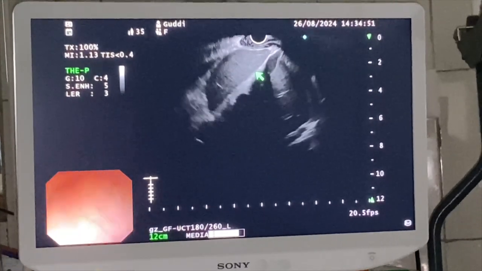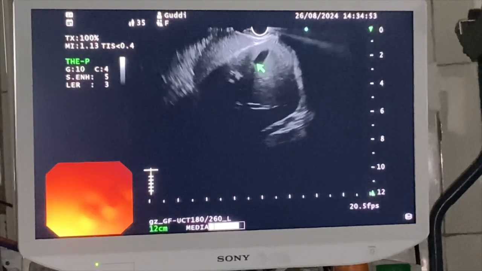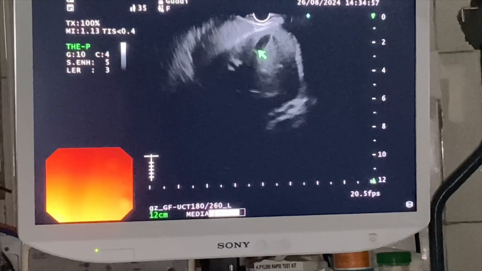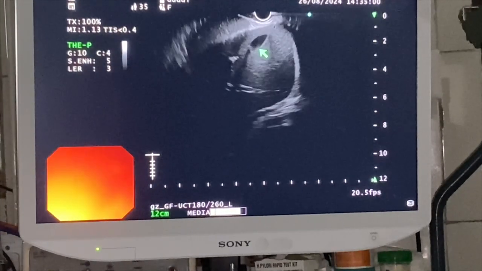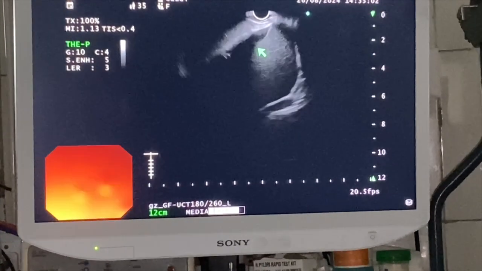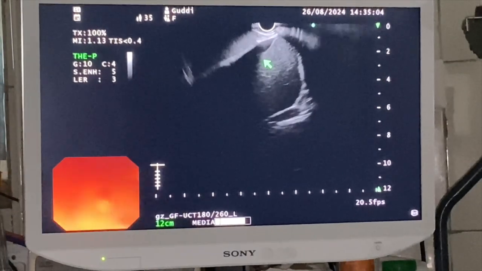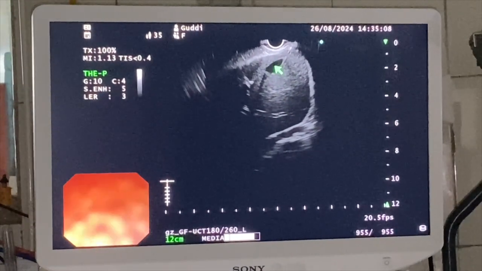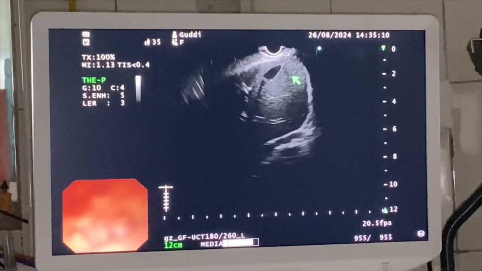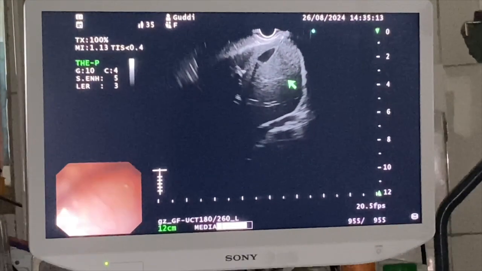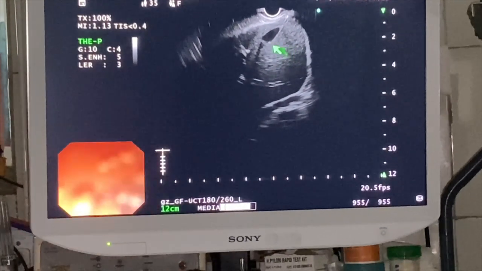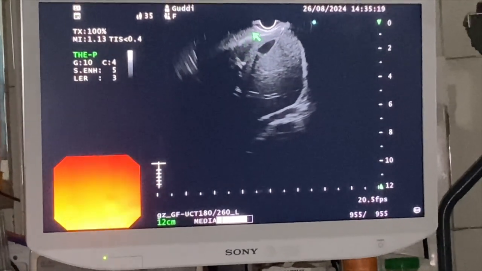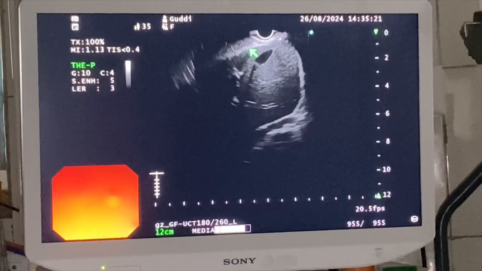Now with this anti-clockwise torque we move and we will find the middle hepatic vein. See, this is the middle hepatic vein, the point where the arrow is pointing. The segment which is away is segment 8. The segment between the middle hepatic vein and this bright band is the ligamentum venosum.